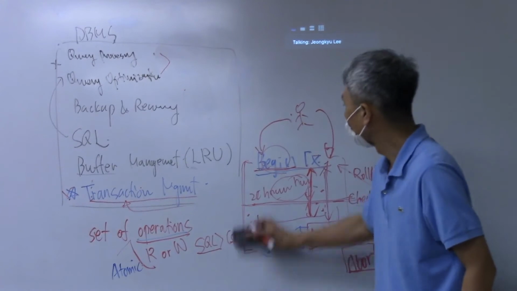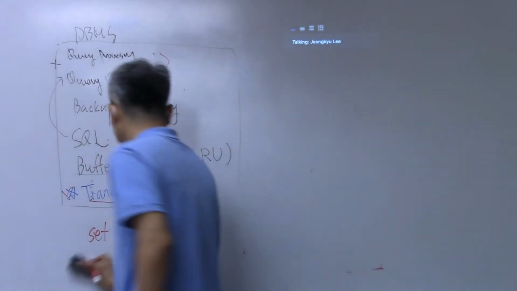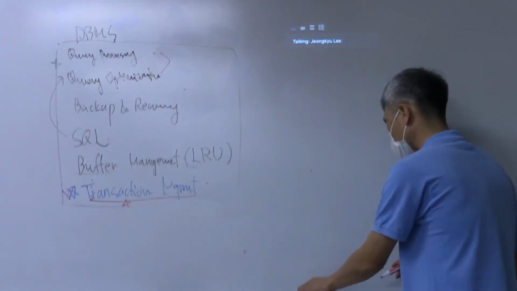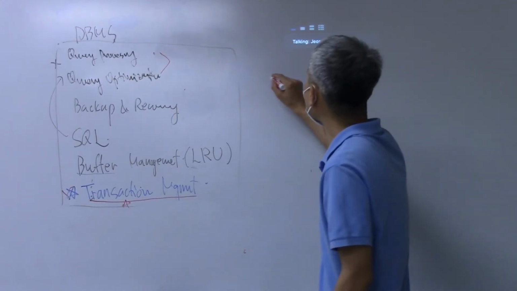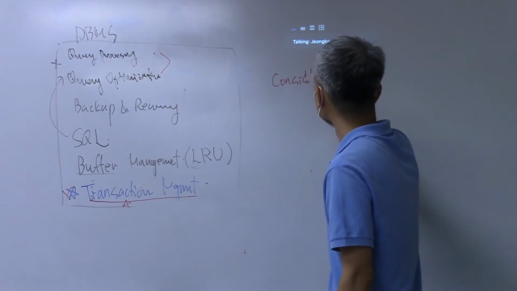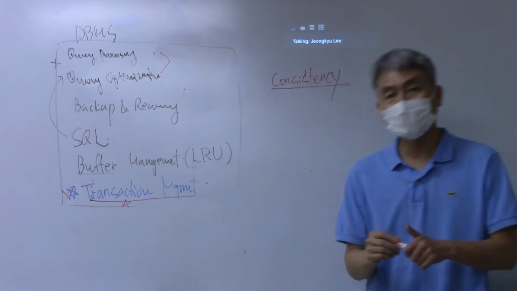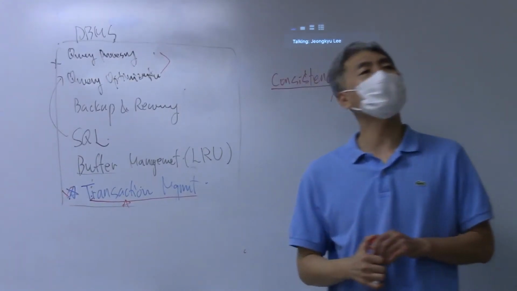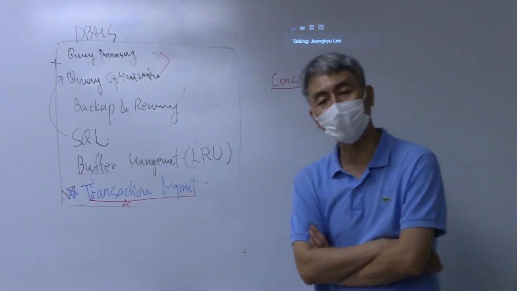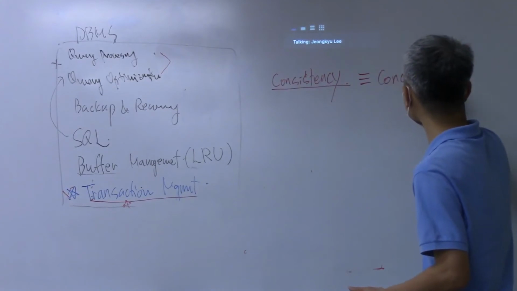Then, why did I explain such transaction management so far? Because I'd like to explain about consistency. So we learned a lot. The relational database provides consistency. A similar one is concurrency.